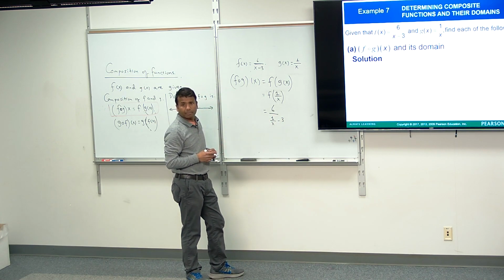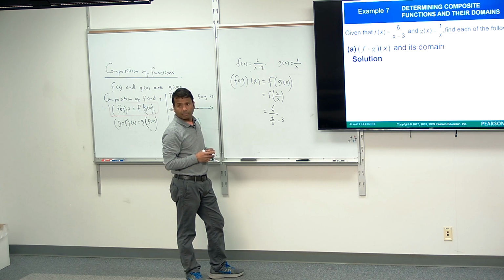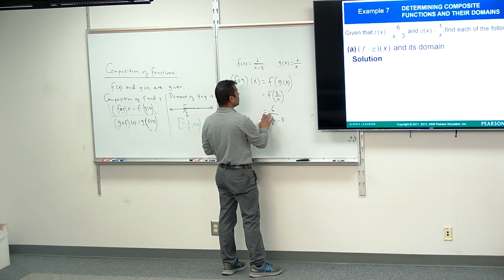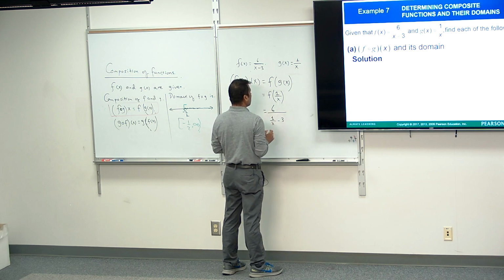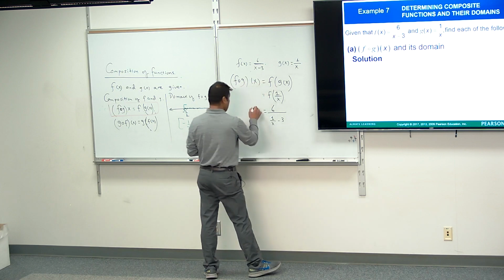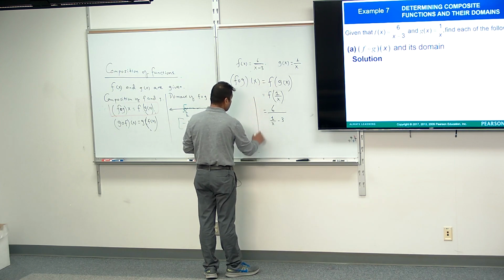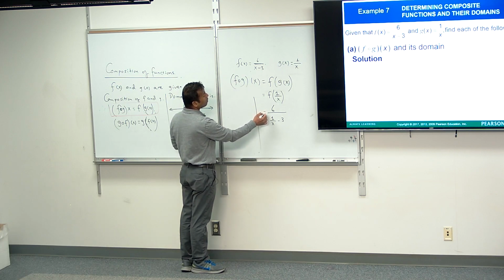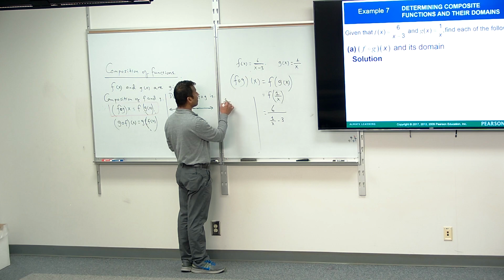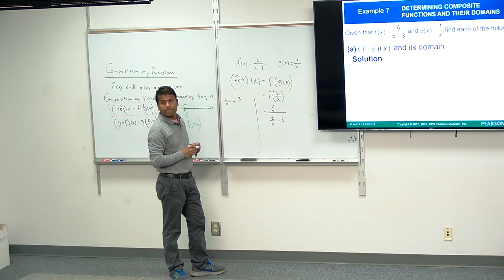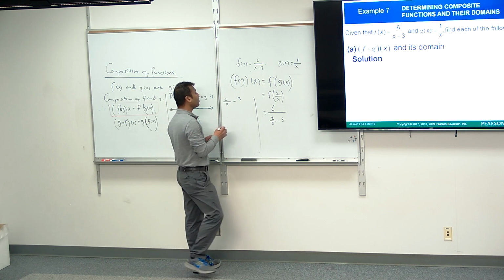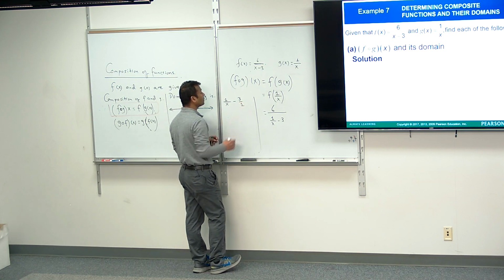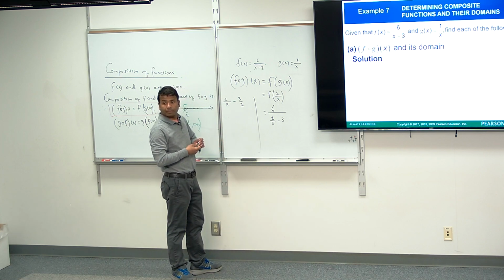Does that make sense? Yes? So it's going to be 6 over 1 over x minus 3. Now, let's evaluate the denominator, okay? So let's do a side work. Your denominator is 1 over x minus 3. Right? So this 3 has a denominator 1. Is that right?